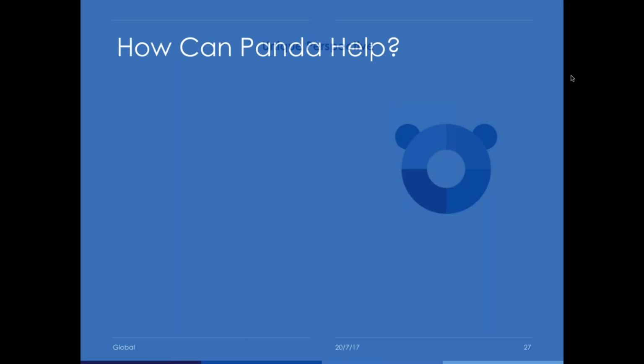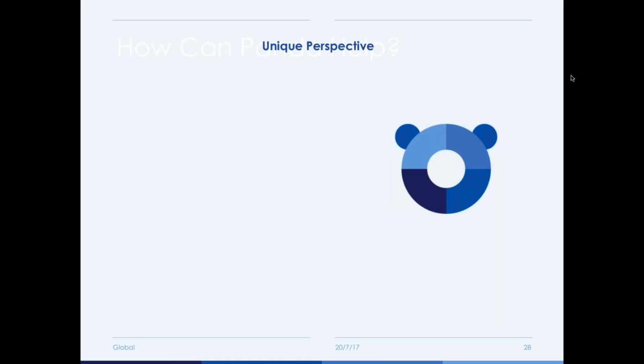So how can Panda help? I said at the beginning, patch management is good. You should do it, and we want to help you. Number one, we have a very unique perspective. You may have an organization out there that's just focused on the nuts and bolts of being able to apply patches to Windows or software or something like that, but they don't have a broad view of what can go wrong.